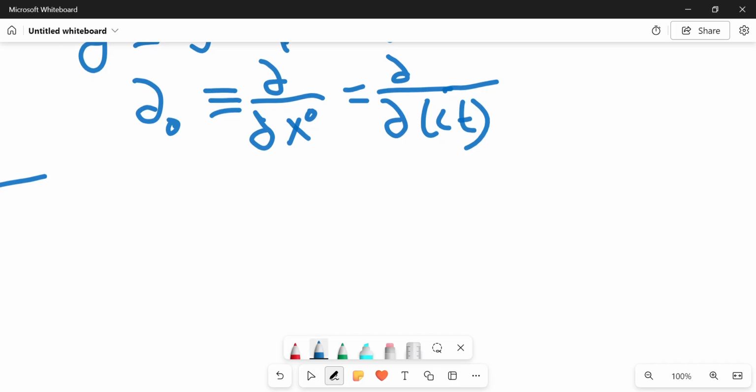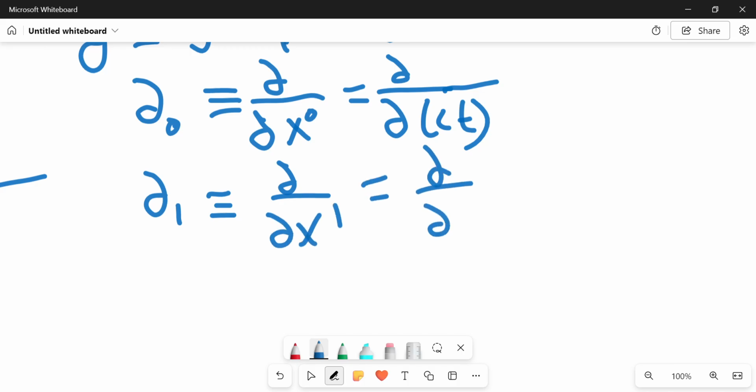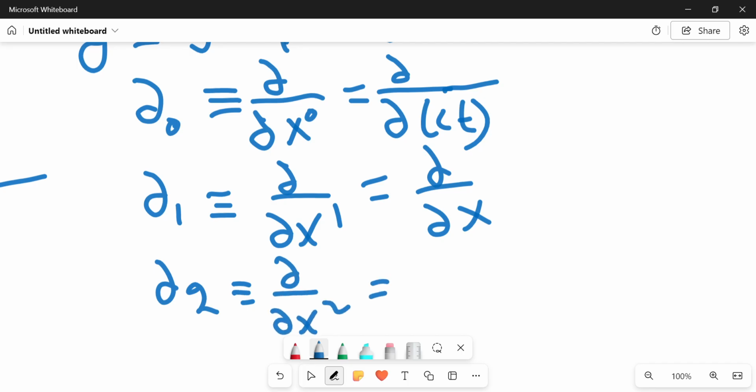Similarly, d_1 is d over dx^1, which is d over dx, the classical x. d_2 is d over dx^2, which is d over dy.